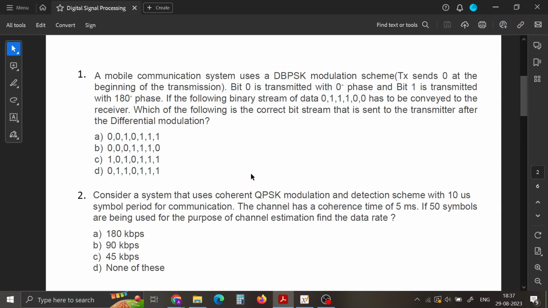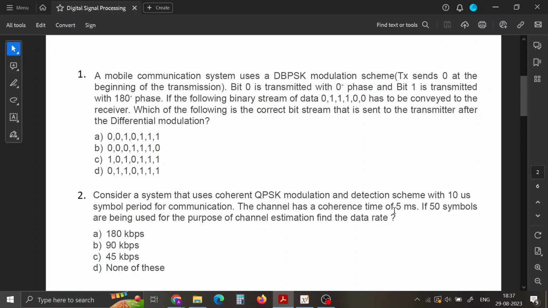Anyways, in the second question, we have a coherent QPSK modulation and detection scheme. The symbol duration is given to be 10 microseconds. Although it doesn't look like a micro, it looks more like a U, but assume it's micro. So 10 microseconds is the symbol duration.